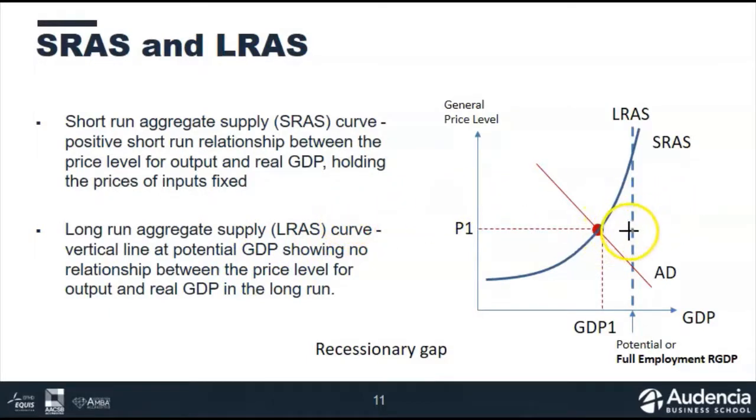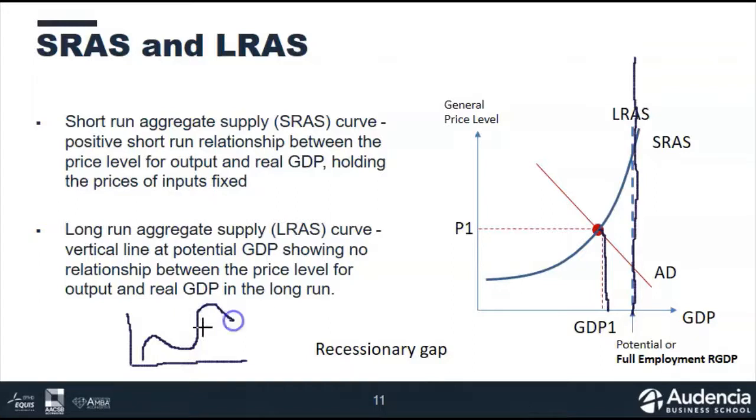Here we've got a situation where we can produce out to here. Our potential for the economy is here, but in fact we're only producing here. We're lower than our potential. It's kind of like when you were looking at the business cycles. We know our economy goes up and down like this, and there's a trend line that looks like this.